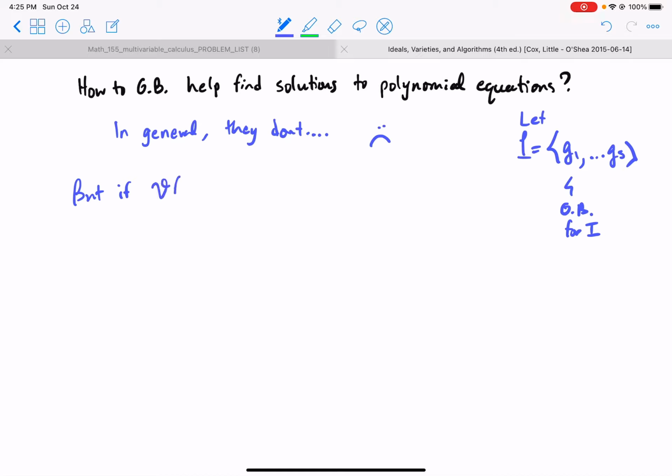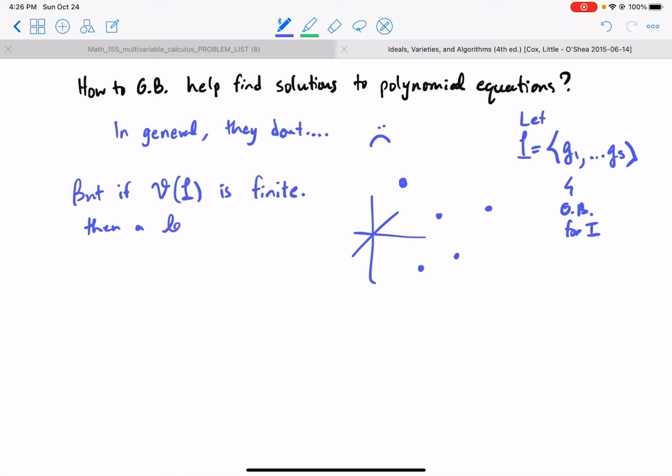But if the variety of I is finite, namely it's a finite number of points, so let's say there are polynomials in 3 variables and the variety was like these 5 points, then what happens?